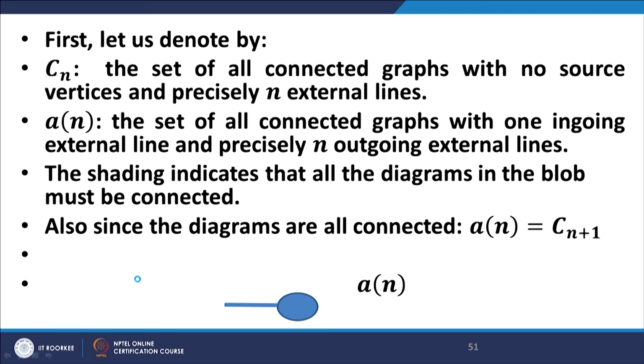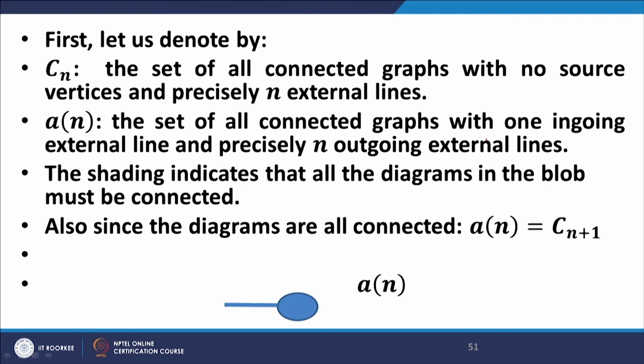Now, please note external lines include lines coming into as well as lines going out from the diagram. A n is the set of all connected graphs with one ingoing line and n outgoing lines. Now, we represent this blob by A n, and obviously it is equal to C n plus 1.